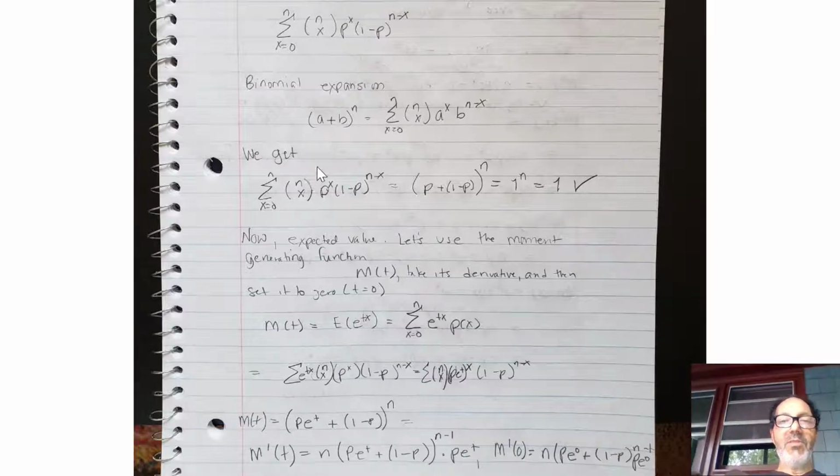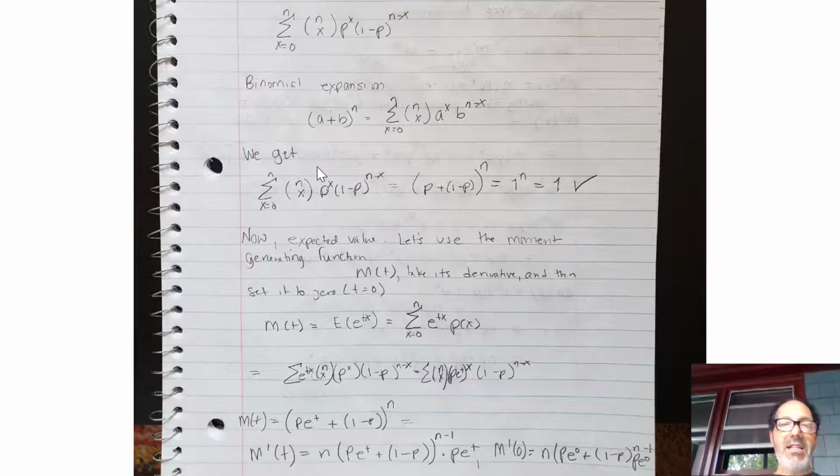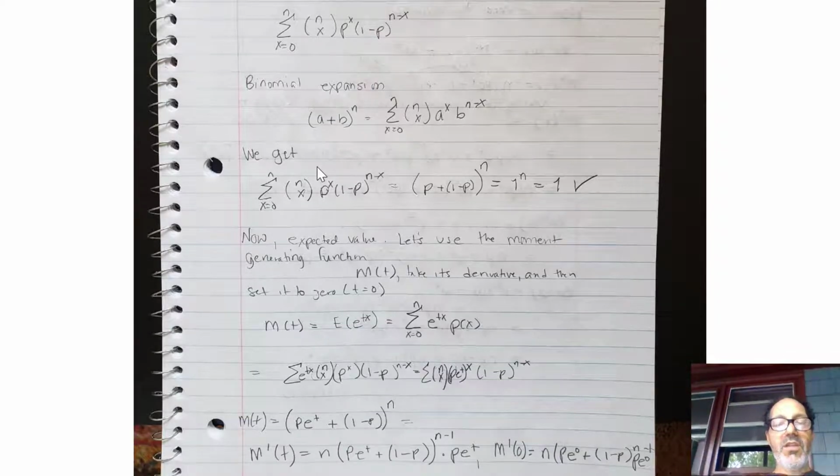Okay, so we want to prove that the summation of all possible values of the binomial equals 1. If we go from x equals 0 to n trials, we have n choose x, p to the x, 1 minus p to the n minus x. This is our PMF, probability mass function.